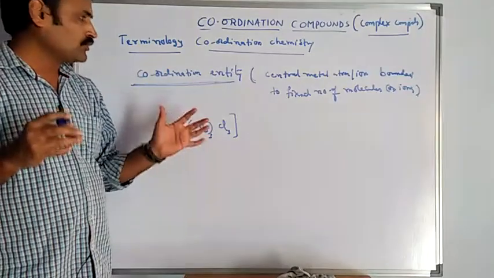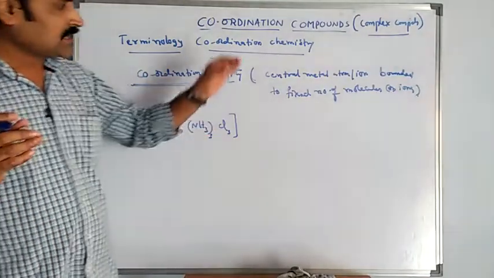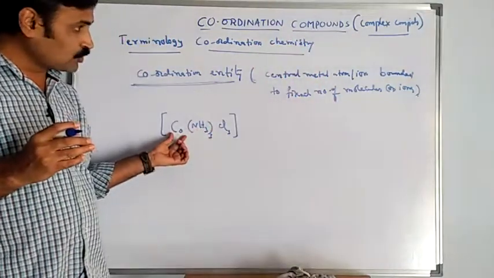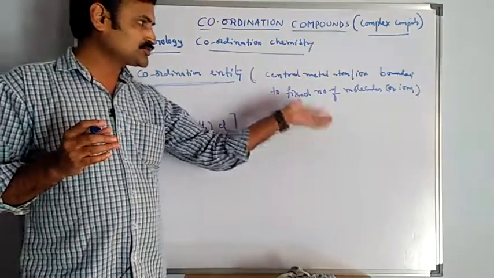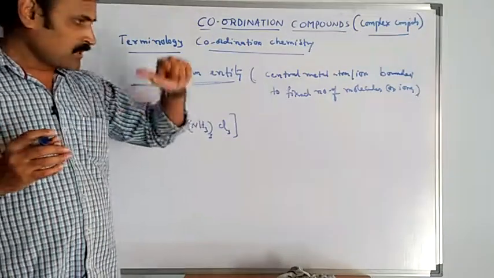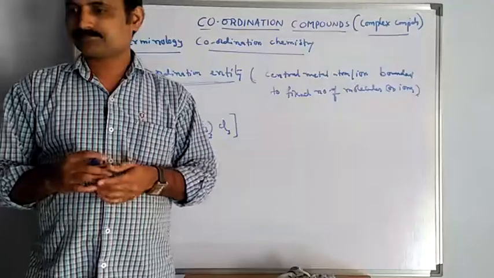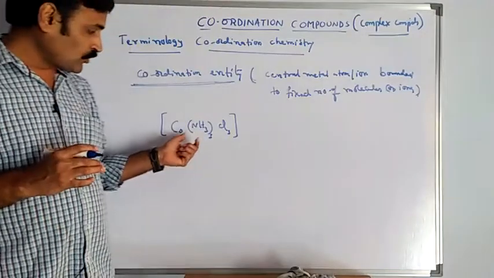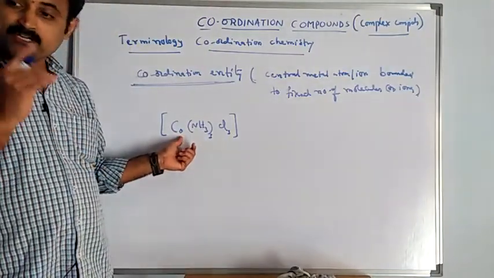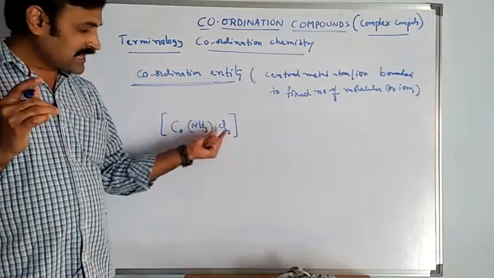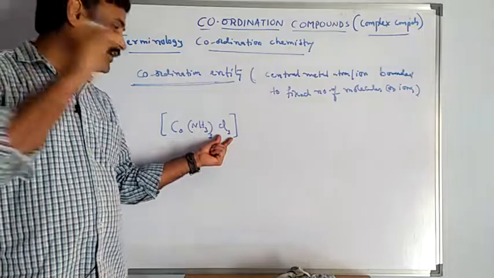Okay. So the coordination entity consists of a central metal ion, here the central metal is cobalt, and the molecules or ions are said to be bonded with this central metal. In this, the cobalt ion is surrounded by 3 ammonia molecules and 3 chloride ions.